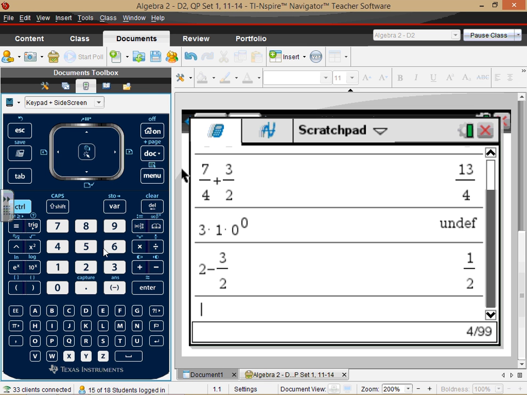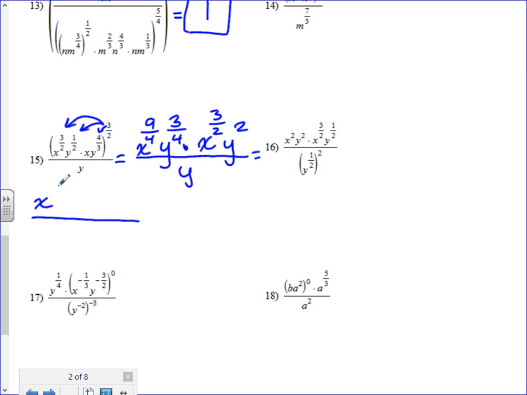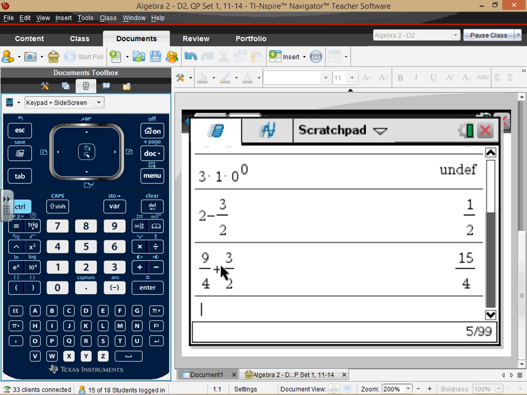9/4 plus 3 over 2. Both of you are tripping over here. Thank you, Tony. You typed in your fractions wrong. 9/4 plus 3 over 2. I don't know what's hard about that.